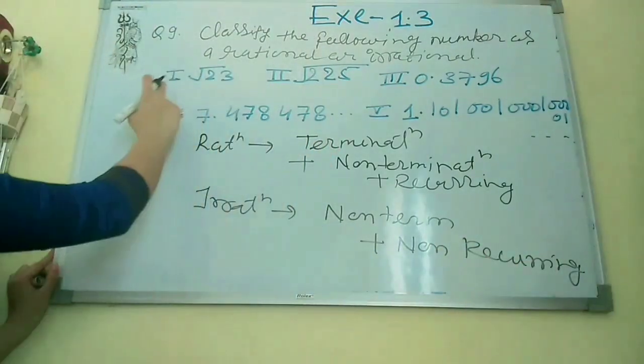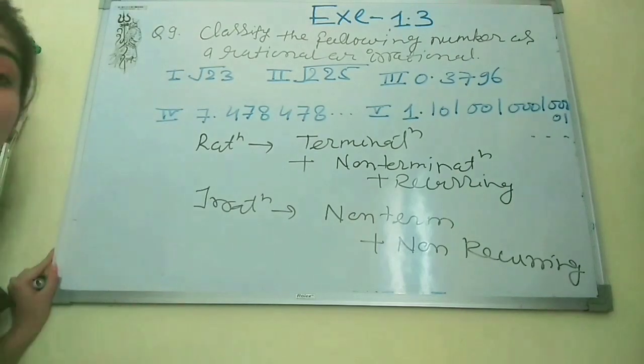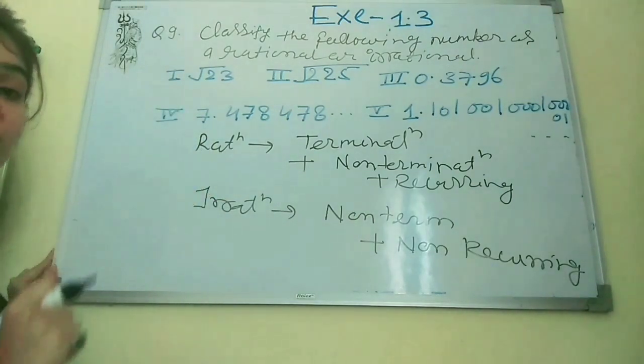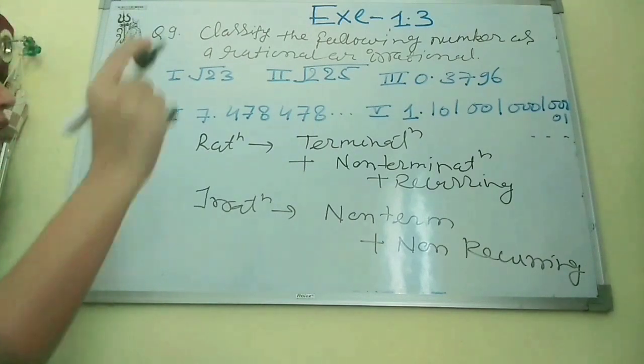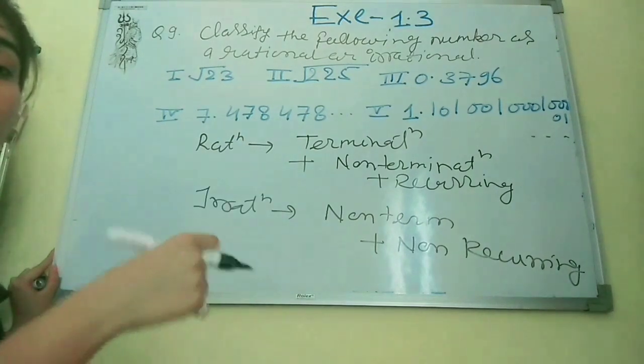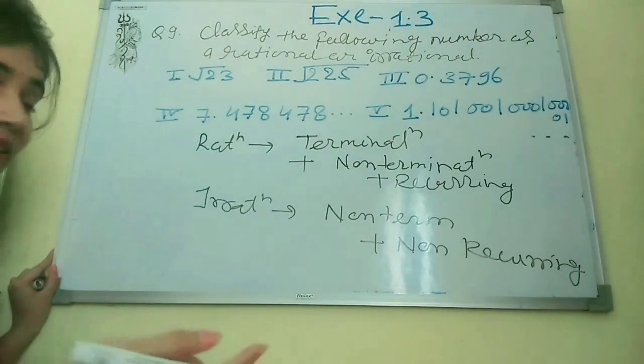Okay, so the first question is root 23. So all the numbers which are not perfect squares. If we find the root of that number, we will not find the digits after the point in a repeating manner, right?